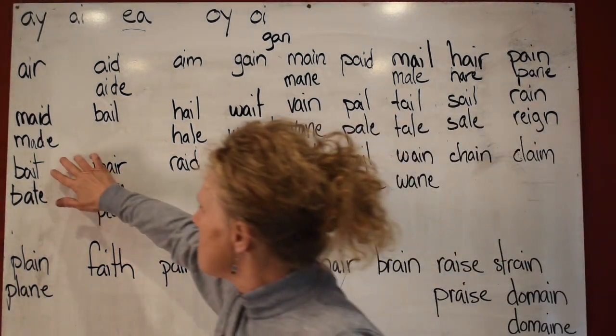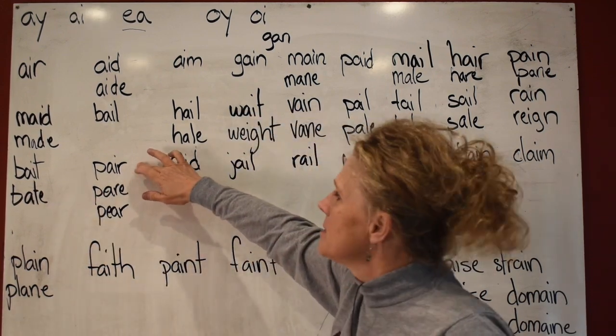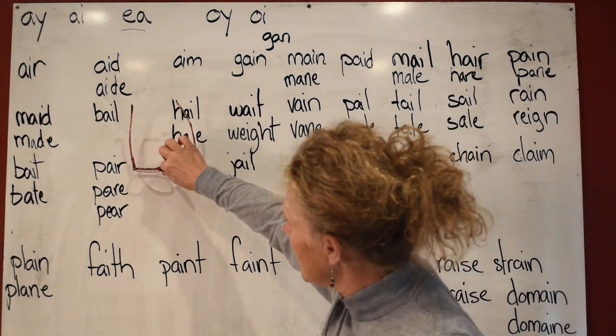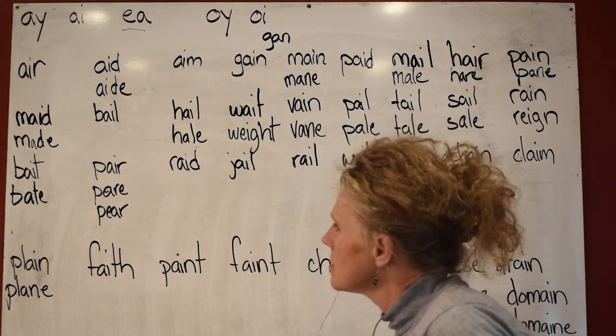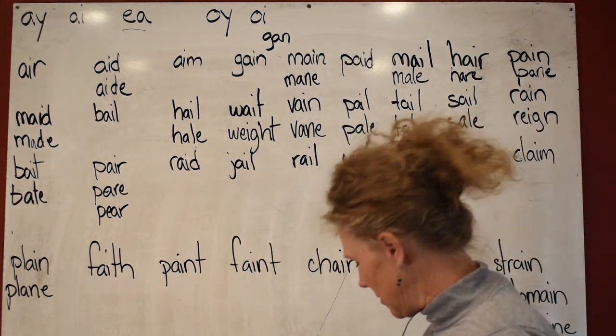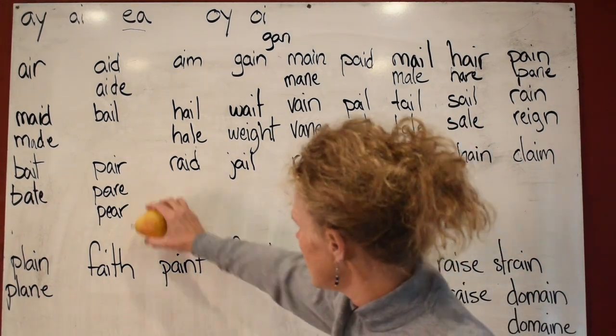All right? Bait and bate. And we already went over these. Pair, pare, and pear. See, now I've switched it up. A pair of glasses, because I'm focusing on the AI. And to pare, like a paring knife. It means to cut. And then we have our pear, see?